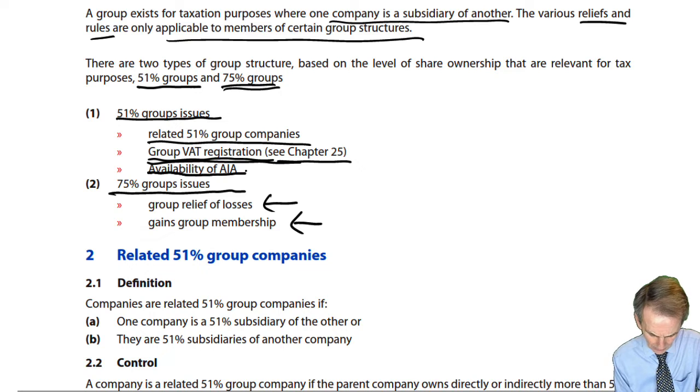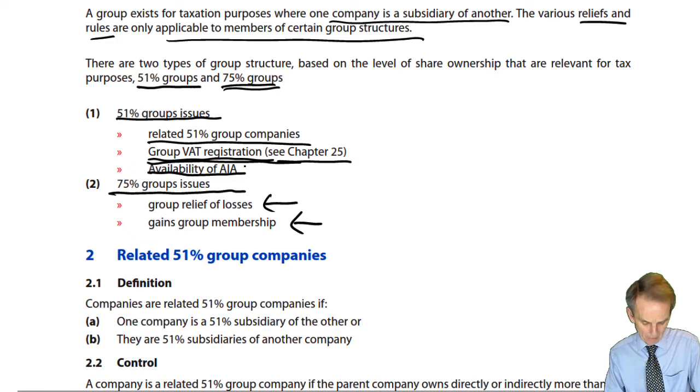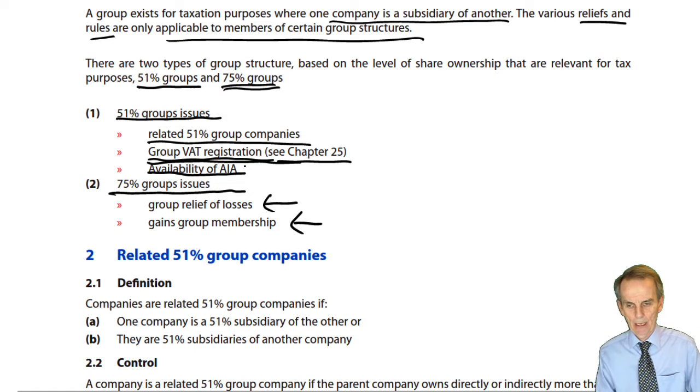Also, what we saw in Chapter 16, the availability for capital allowance purposes of AIA. And that rule, as we'll see in these notes, there's only one AIA. We know we have an AIA limit, our annual investment allowance limit of £1 million. But you don't get that in each company.